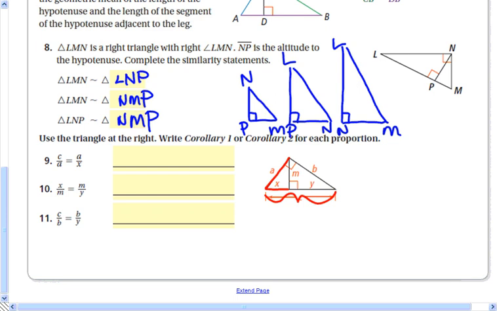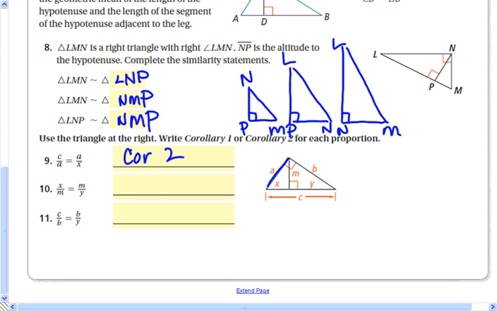So, and then this hypotenuse B is the geometric mean of this length here and the whole triangle. That's corollary 2. So let's see which one we have. So C over A is equal to A over X. We're talking about one of the hypotenuses of the little triangle, so that's corollary 2.